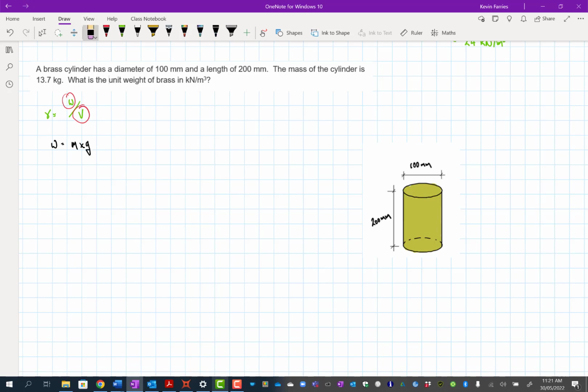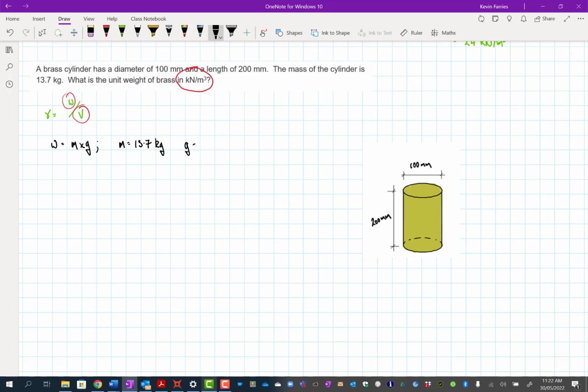Let's just write down what we know and get our units right before we start. So we know that the mass is equal to 13.7 kilograms, but we have been asked at the end of the day to give the unit weight in kilonewtons per meter cubed. That's reasonable enough. Let's just leave it as kilograms for now. And then we know gravity.